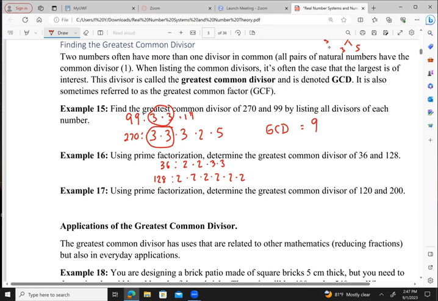So what do they have in common? Well, there's two 2s here and there's more than two here. So our greatest common divisor would be 2 times 2 or 4.